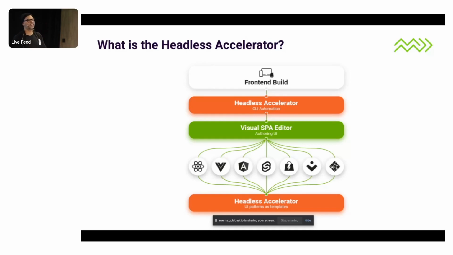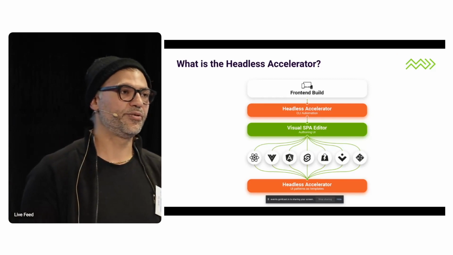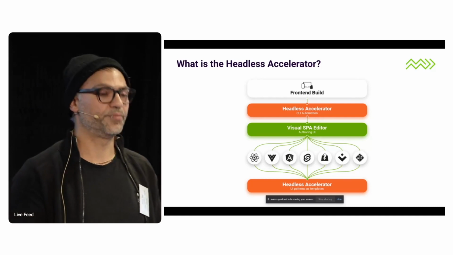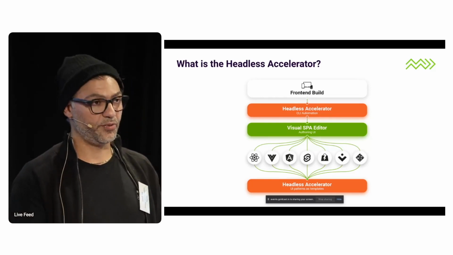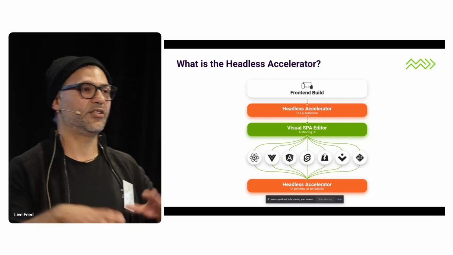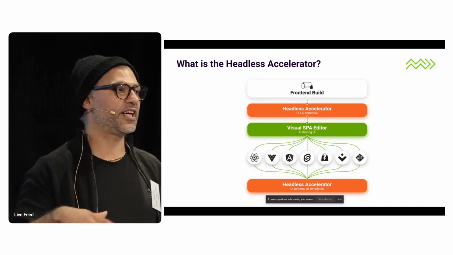So how are we going to do that? The Headless Accelerator, in a nutshell, is a CLI tool. It helps you automate certain tasks as a front-end developer to get Magnolia running, to jumpstart a new project, and to get all the wiring, everything that we have seen in the session before, to make that very smooth.